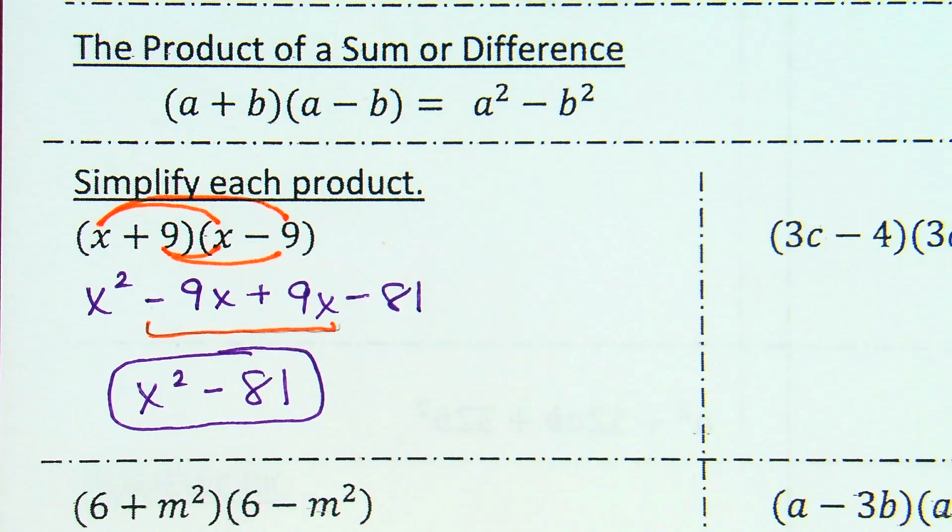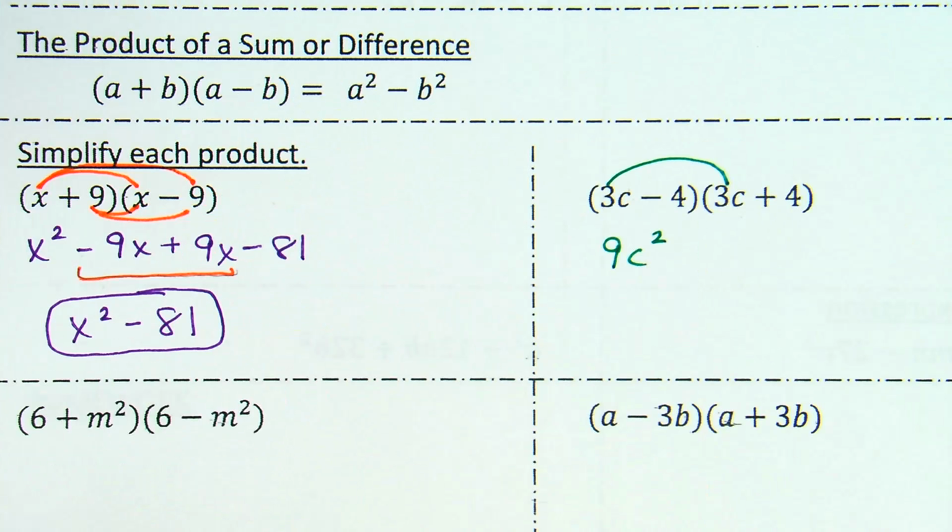So 3c and 3c. What is 3c times 3c? 9c to the second? Yeah. Okay. What comes after 3c times 3c? Okay, take that 3c over there. 3c times 4 is 12c.